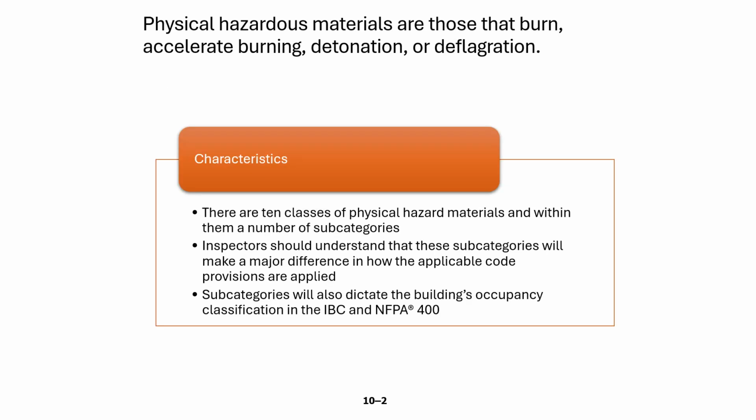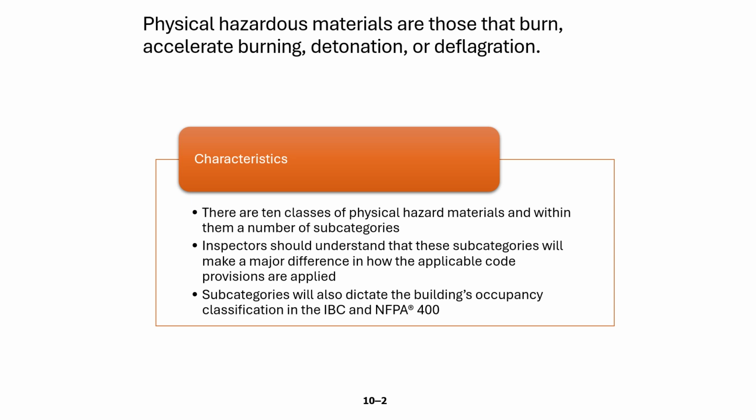So physical hazard of materials, we're looking at the tangible stuff. Materials that burn, accelerate burning, can detonate, or have some sort of deflagration. There are 10 classes of physical hazard materials, and within them, a number of subcategories.